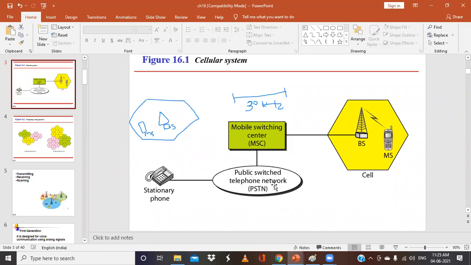That information will be sent back to the mobile switching center, and then the mobile switching center will locate and give an unused voice channel to this base station, saying that to whomever you are calling, that party is free, and you can connect. So then the connection can be established. This is what happens in the transmission technique.